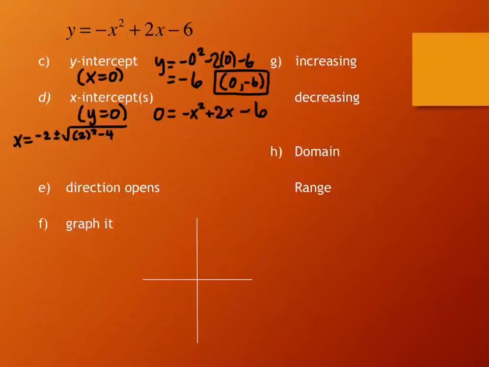The a value is negative 1, and the c value is negative 6, all over 2 times a, which is negative 1. So we have negative 2, plus or minus, and if we simplify underneath that radical, we're going to get a 4 minus 24, and 4 minus 24 would be negative 20.